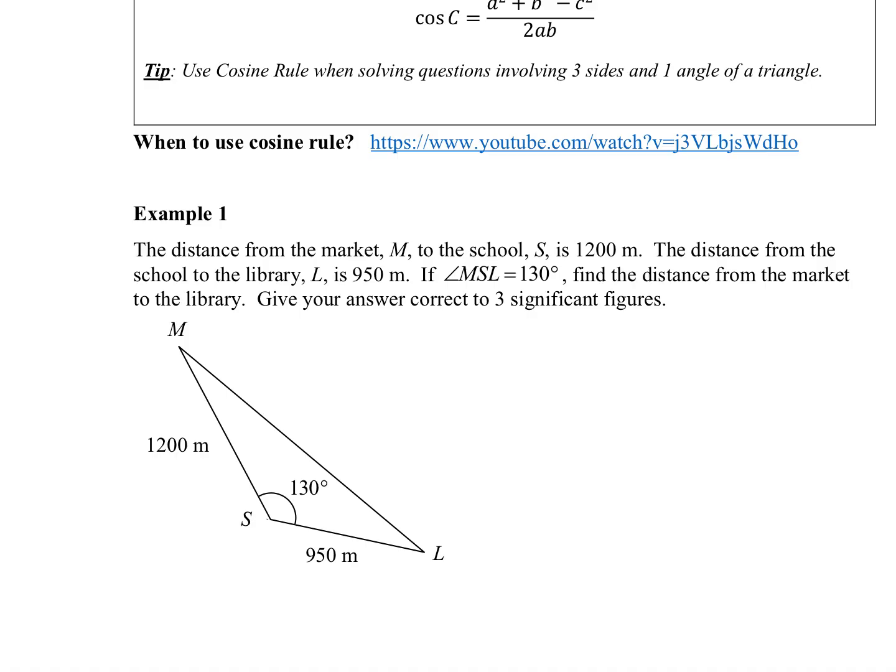This is your side, its opposite angle is here, but it's an unknown. Then I try to match the other side. This is my side, and the opposite angle is also an unknown. So if you want to use sine rule to solve this question, you can't because you have two unknowns. So that is where cosine rule comes into play.